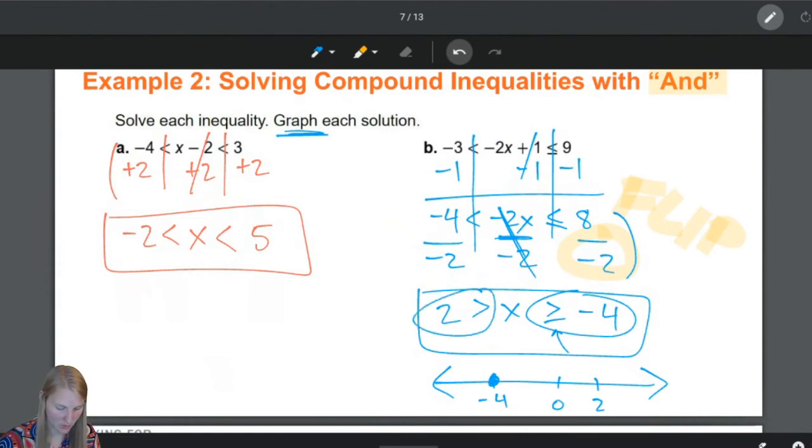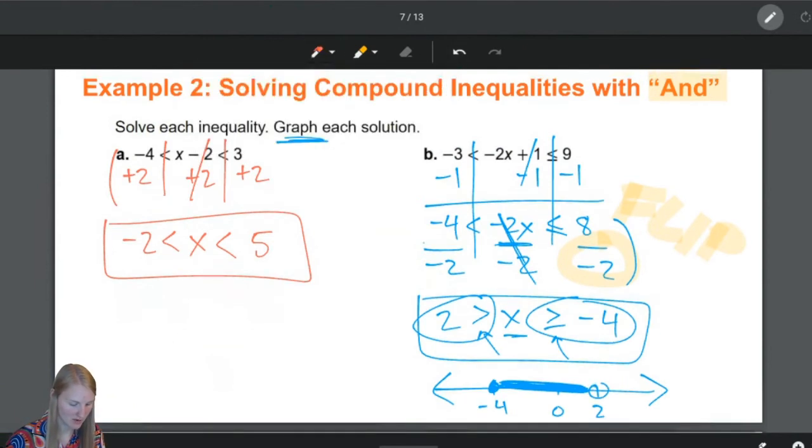And the sign that goes with the 2 is strictly greater than, so we're going to have an open dot. And remember, x is right there in the middle, so we're just going to color in the middle. And that's where our solutions are. Ta-da!